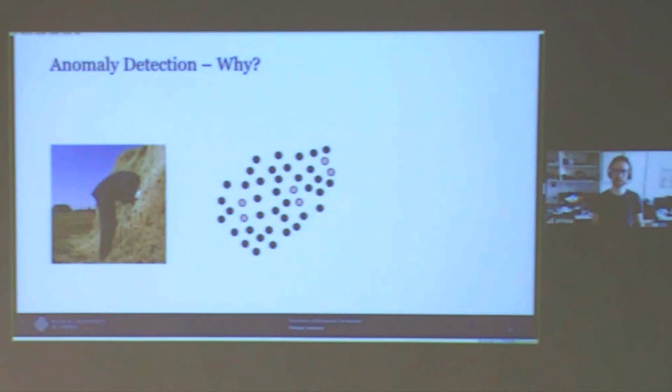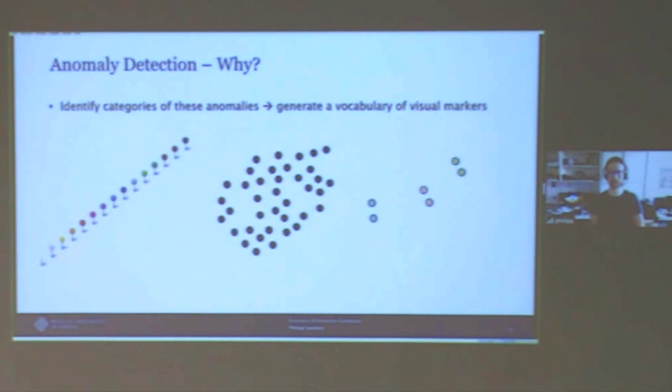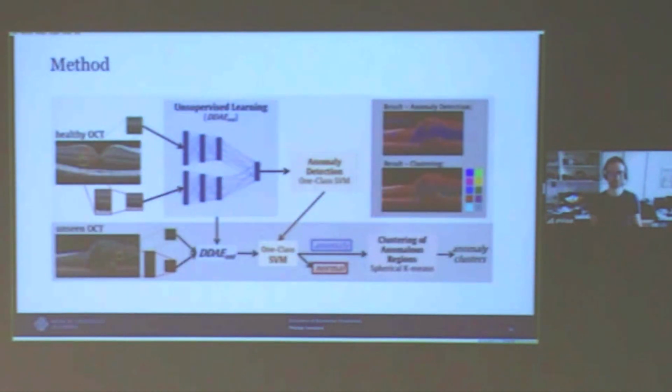But if you first perform anomaly detection, meaning you separate the healthy or normal part of your morphology from the diseased part, you're able to concentrate on these anomalous parts, and the task is much easier. And then you can generate the vocabulary of visual markers, but this is just a different wording for the same thing.